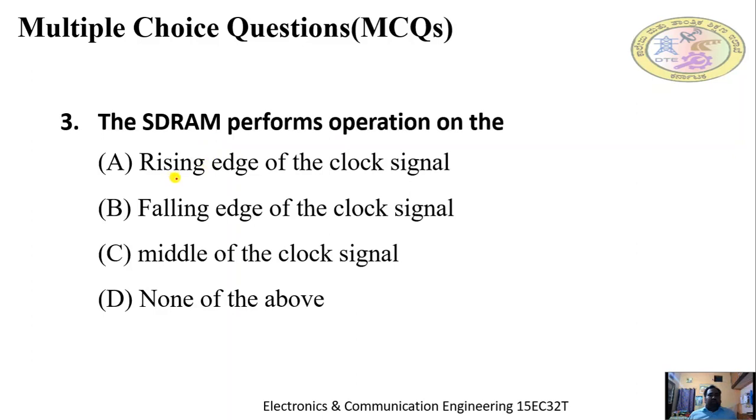So here the first option is only on the rising edge, second on the falling edge, third one middle of the clock signal, and fourth one none of the above. The SDRAM performs operation only during the positive edge, or you can say rising edge, of the clock signal, whereas the DDR SDRAM performs the operation both on the rising edge as well as on the falling edge.